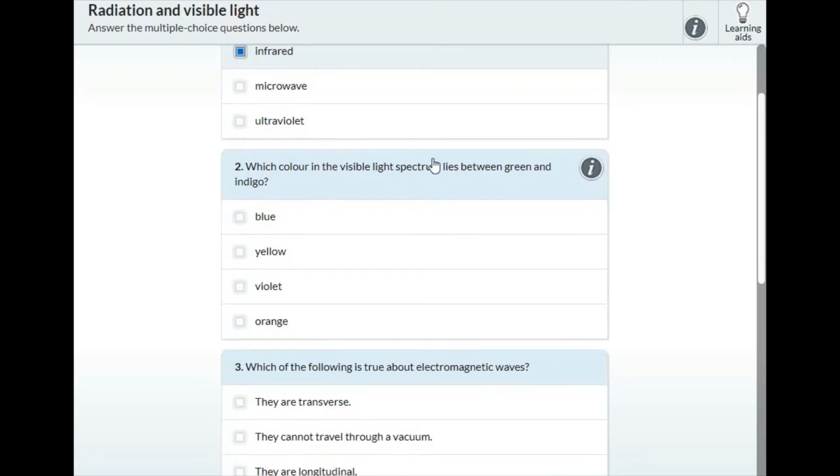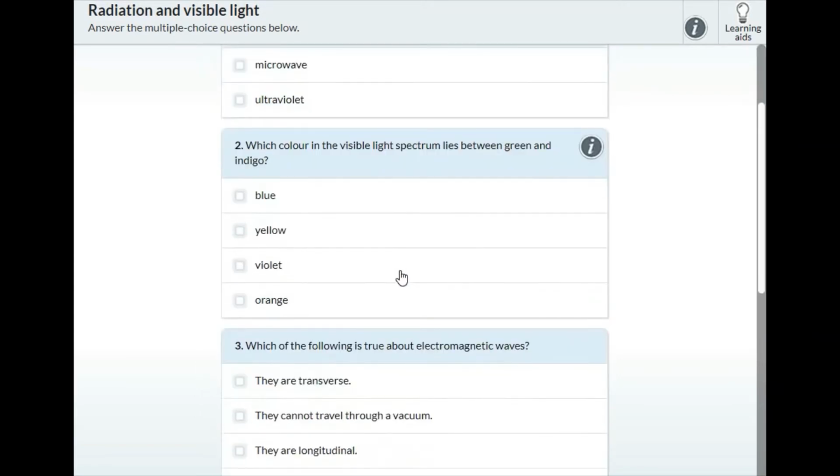Question 2. Not that that's the correct answer, I'm just clicking to stop it moving. Which colour in the visible light spectrum lies between green and indigo? Okay, so the colour order, the 7 main bands are red, orange, yellow, green, blue, indigo, violet. You can remember this by just simply put Roy G. Biv, that's the first letter for each of the words.